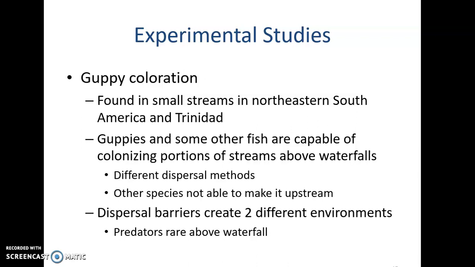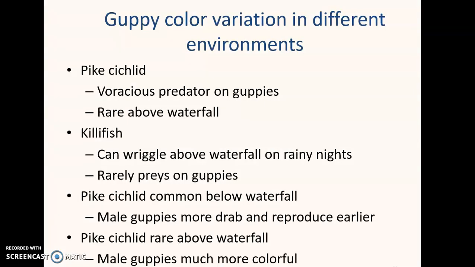So this is essentially a natural experiment that's based on the selection pressures that are due to different assemblages of predators. Pike cichlid. This is a voracious predator on guppies, and it's not very good at getting above the waterfall. So while we do find it in the streams below a waterfall, it is rare above waterfalls.